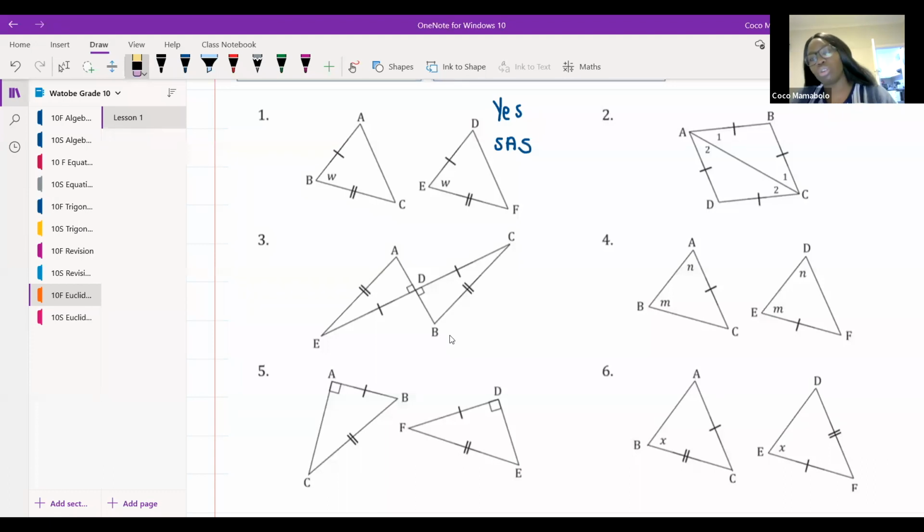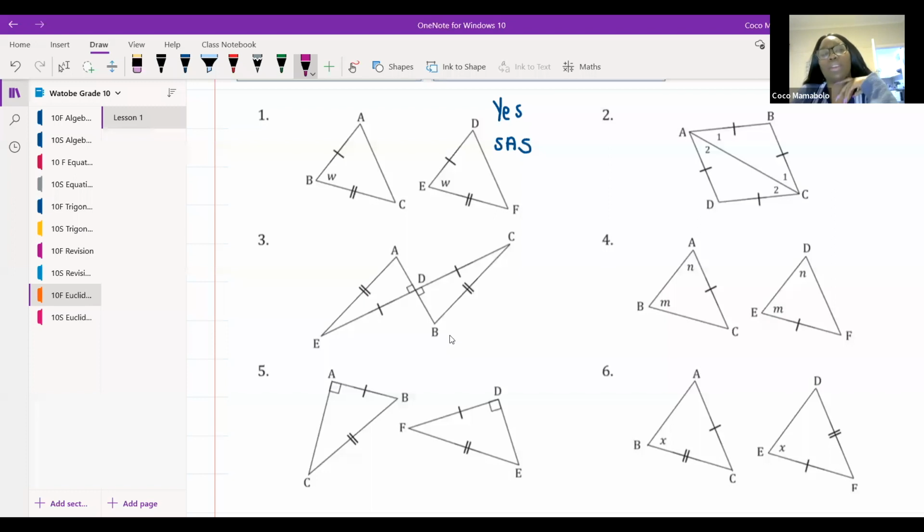Is number 2 congruent or not? Yes or no, guys? He says, I'm not sure about RHS because I'm looking at number 2 and there's no right-angled triangle. Okay, Mawanda is using that same rule that we can't use again.